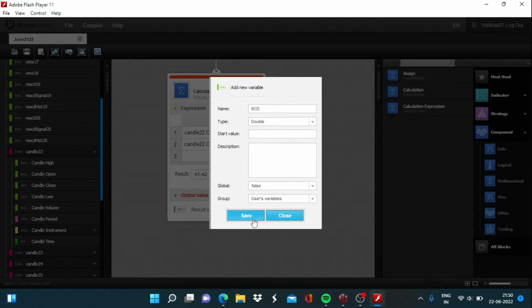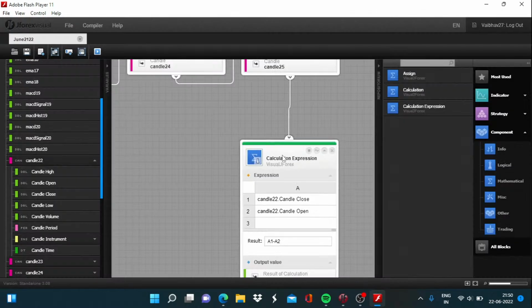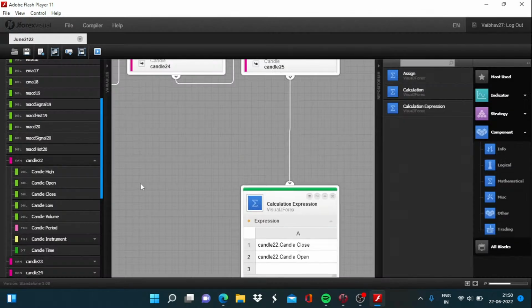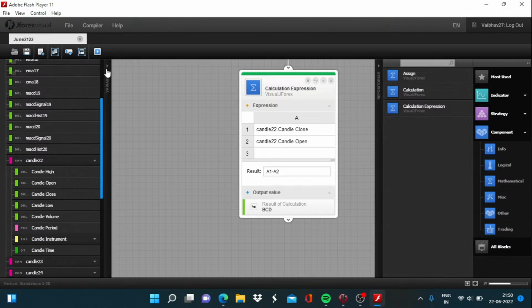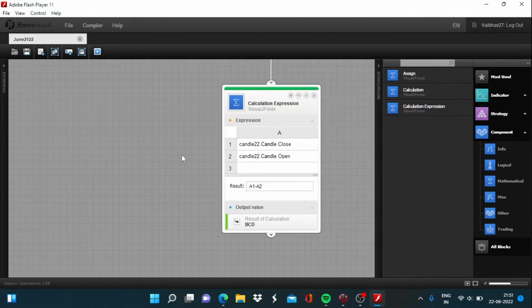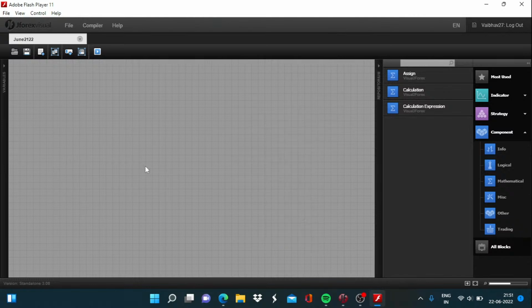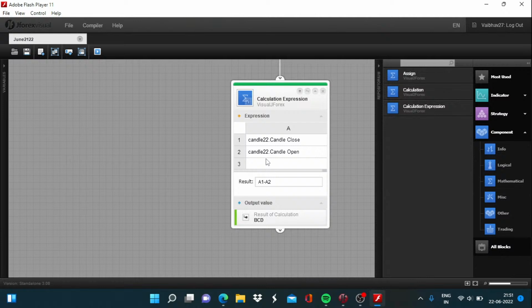Okay, and whatever is the difference, we deduct it from the closing level, or we can straight away put in the last hour's opening price and the difference which we have calculated.